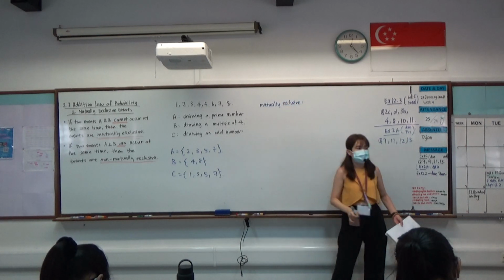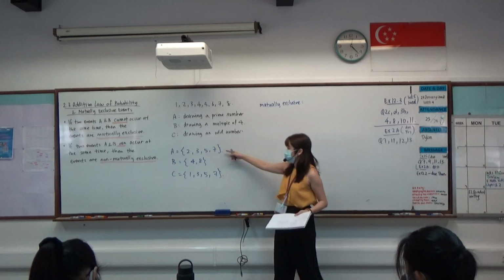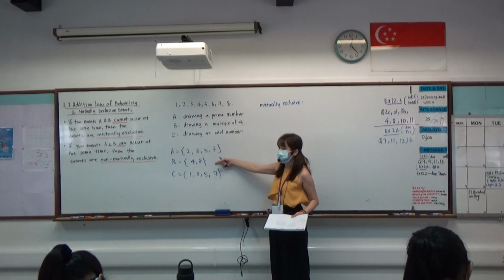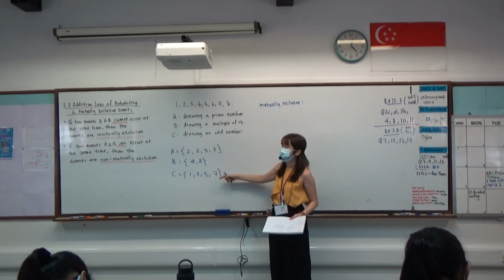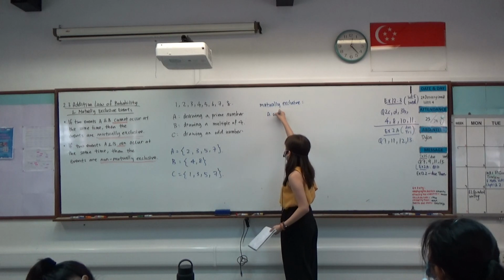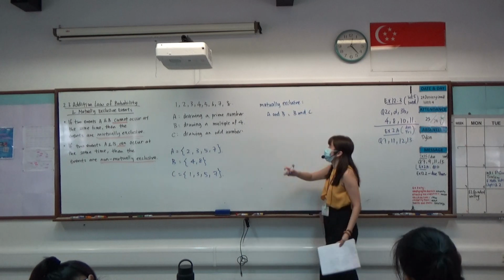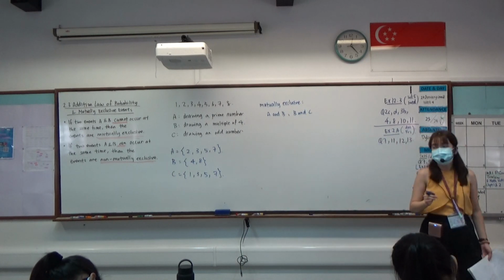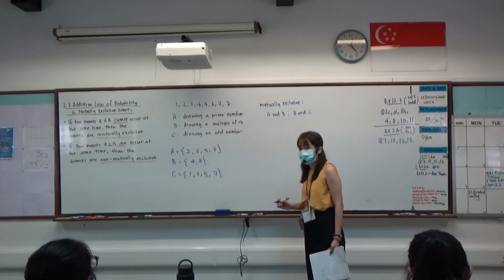What would it be? A and B, and B and C. Between A and B, there's nothing in common. B and C, there's also nothing in common. So we say that A and B are mutually exclusive events. B and C are also mutually exclusive events.